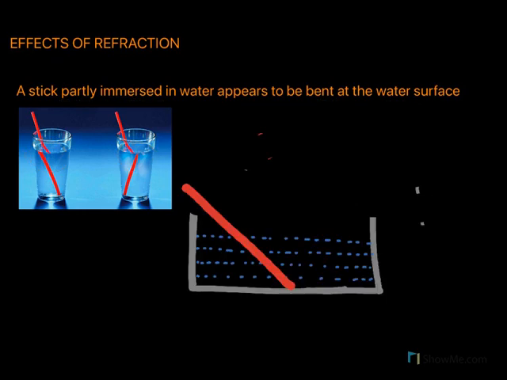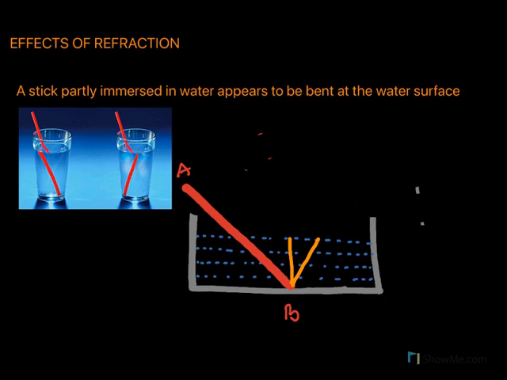So here is a trough of water with a stick, maybe a pencil or a straw kept in water. Now why does this bending take place? When light emerges out of the water from this point, say here we have point A and this is the end point B, these are rays of light.